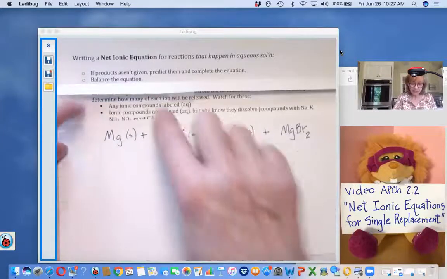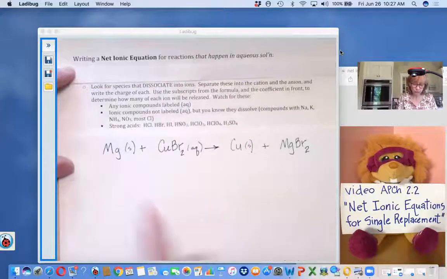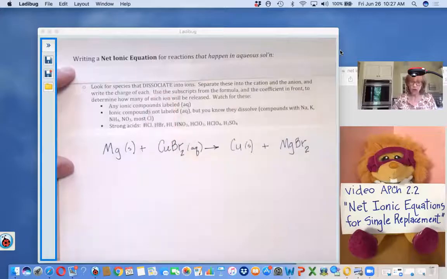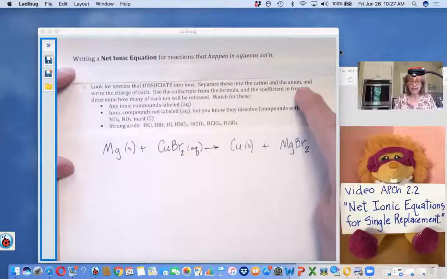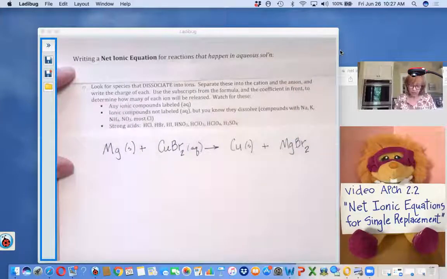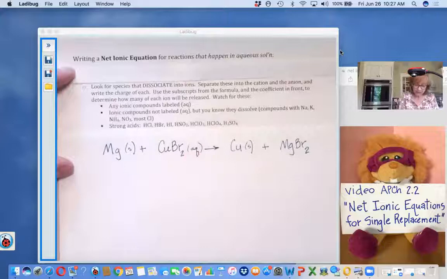So my next task in writing a net ionic equation is to look for any species that I know dissociate into ions. And I'm going to separate these into cation and anion and then write the charge for each. All right, so I have here an ionic compound that is labeled AQ, and that's my hint.